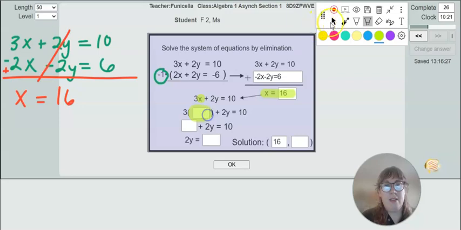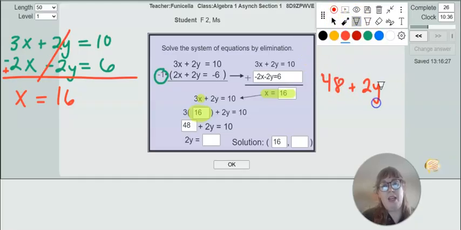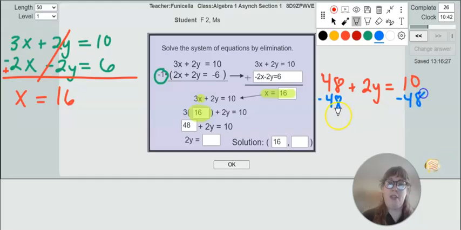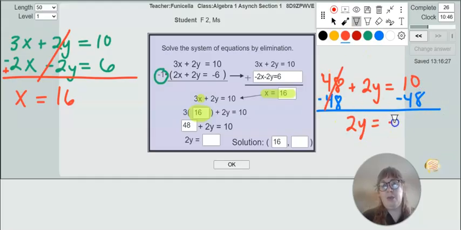And then we're going to take that 16 that we got here, and we're plugging it in for x. So we get 3 times 16 plus 2 times y. 3 times 16 is 48. So we have 48 plus 2y equals 10. I'm going to subtract 48 on both sides, and then I get 2y equals a negative 38.